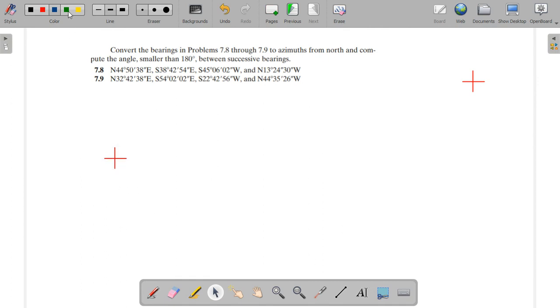So this will be somewhere here. 13 degrees, 24 minutes. Okay, so this is 13 degrees, 24 minutes, and then 30 seconds.